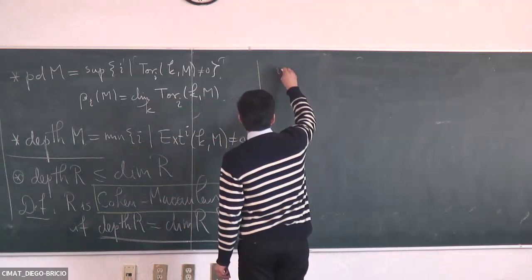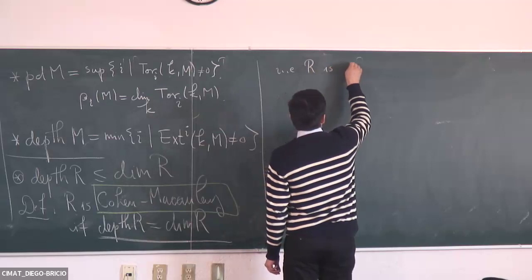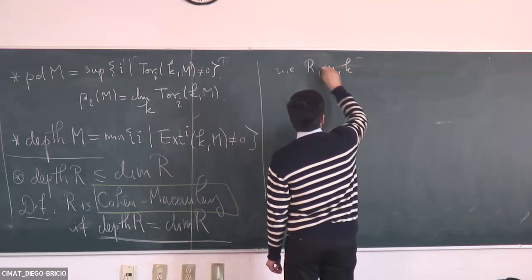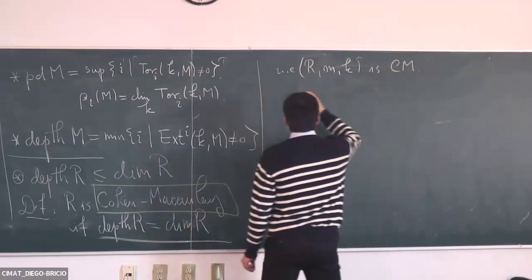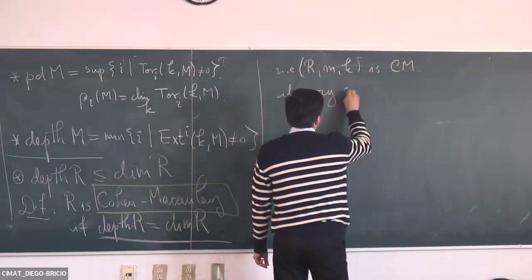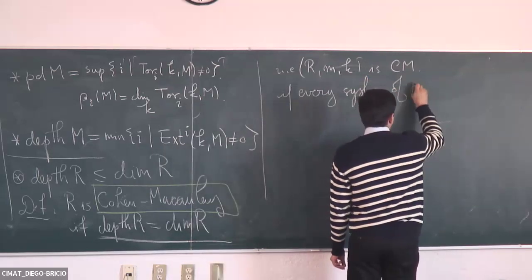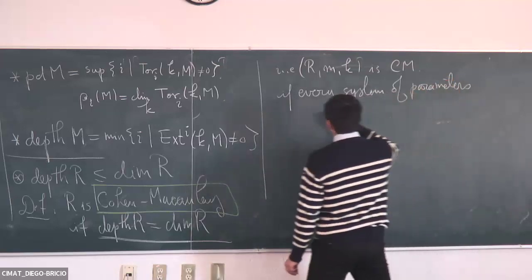I.e., R, let's say local, is Cohen-Macaulay if every system of parameters is a regular sequence.